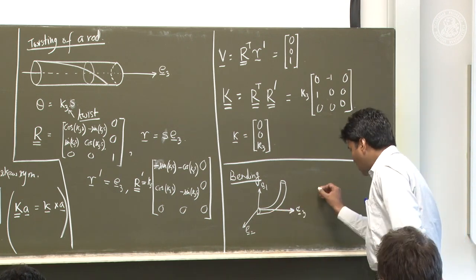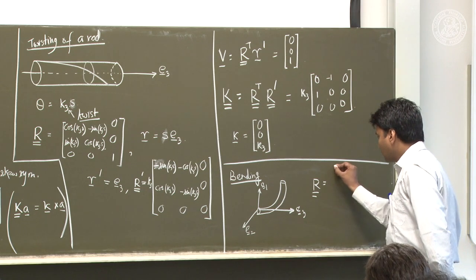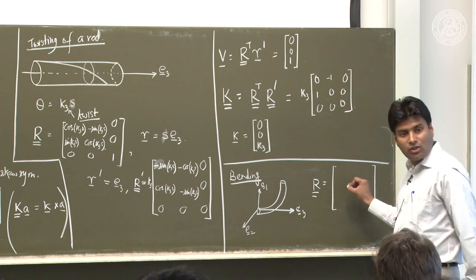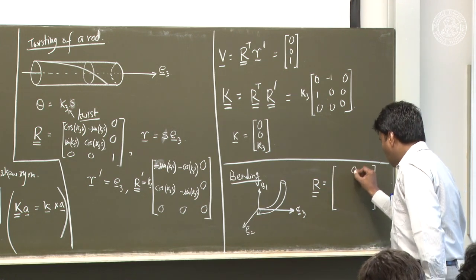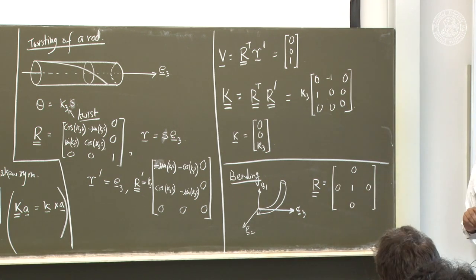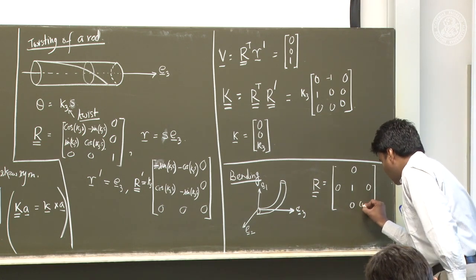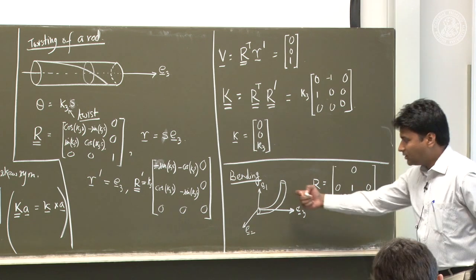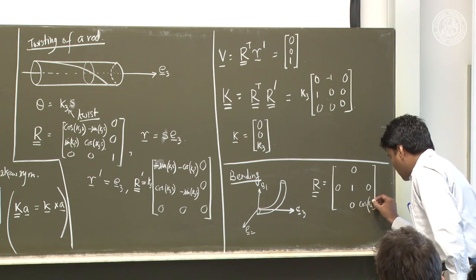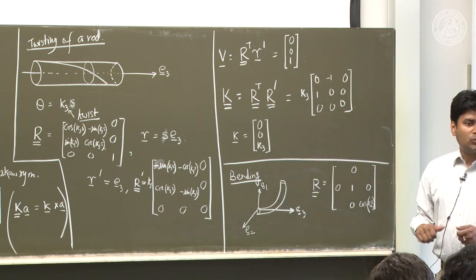So, the rotations are happening about E2 axis now. Okay. So, if you write down the rotation matrix, your big R, since it is a rotation about E2 axis, you have 0, 1, 0, 0, 0, and then you will have cosine over here, and since it is about E2, maybe we call it K2 times S. Okay, so suppose that the rate of change of angle is K2.